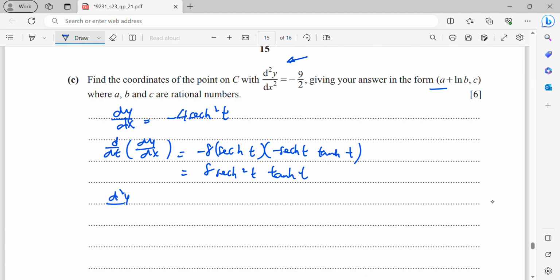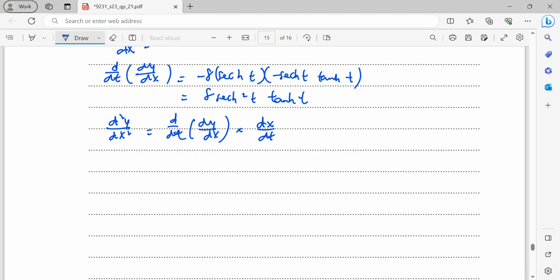So now my d squared y over dx squared is basically d/dt of dy/dx times dt/dx. So replace all the terms, you will get negative 8 secant squared t tangent t multiplied with 1 over negative tangent cube t. Then from here, you will cancel off the terms. It becomes 8 secant squared t over tangent squared t.